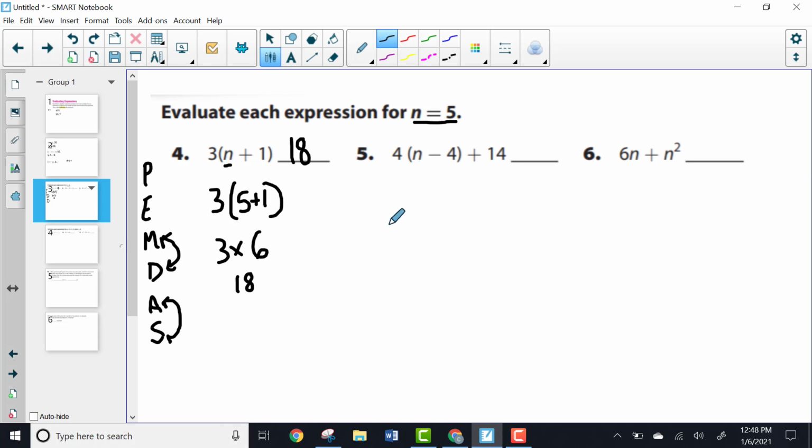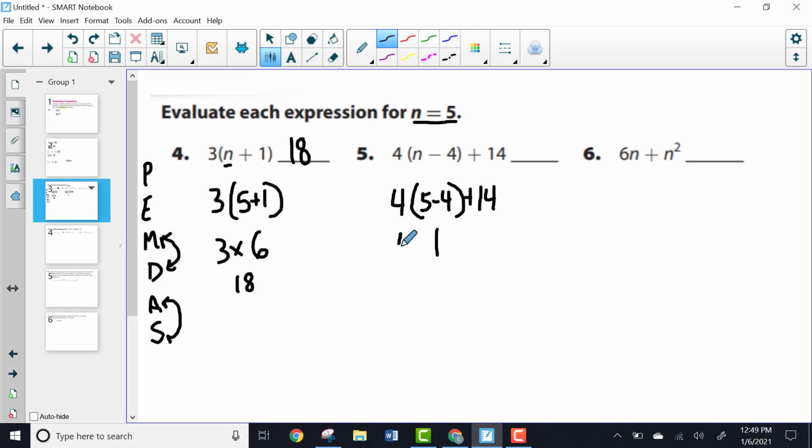Okay, so the next one, we have 4 times n minus 4 plus 14. So we're going to substitute the 5 for n. So now we have 4 times 5 minus 4 plus 14. First step, 5 minus 4 is 1.